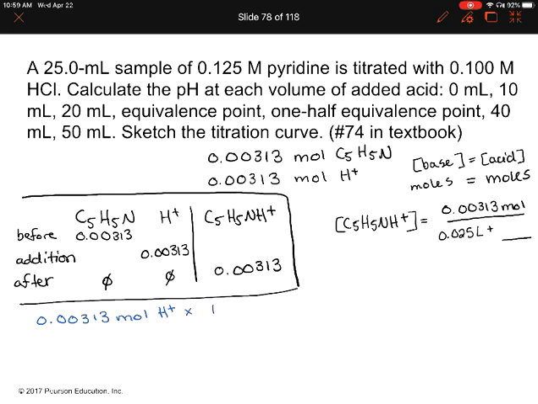So we want liters in the numerator because we're trying to solve for volume. And then the concentration was 0.1 moles per liter. So that tells us that we added 0.0313 liters of acid.